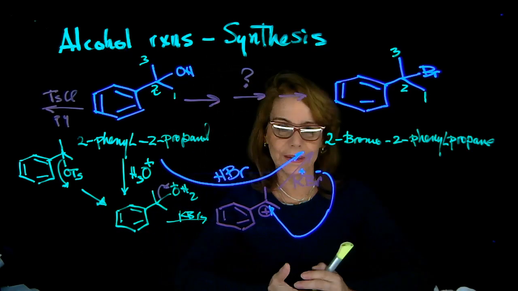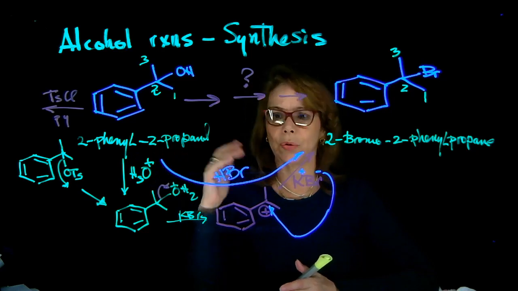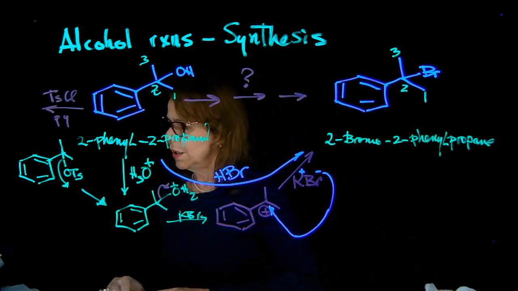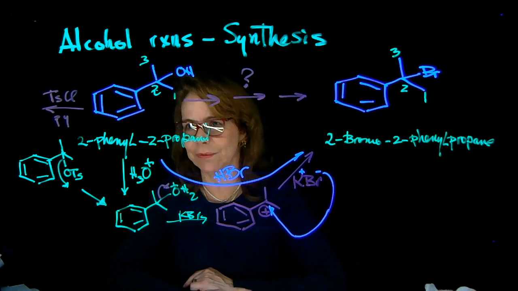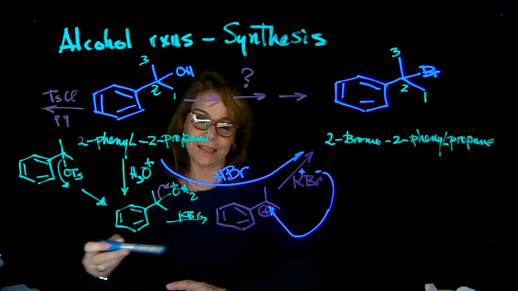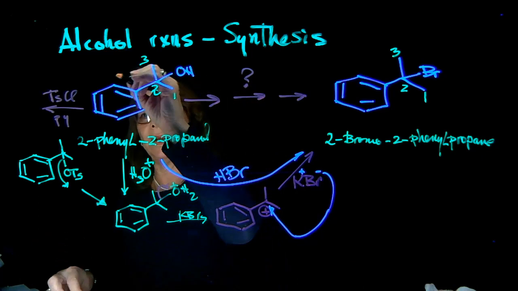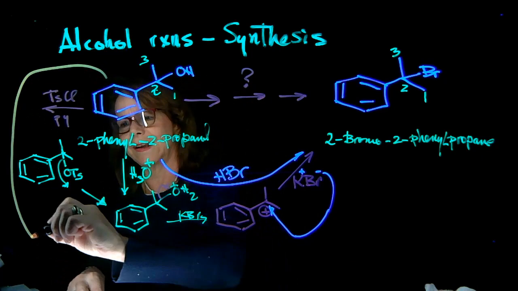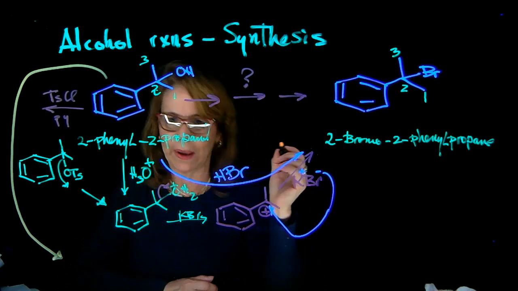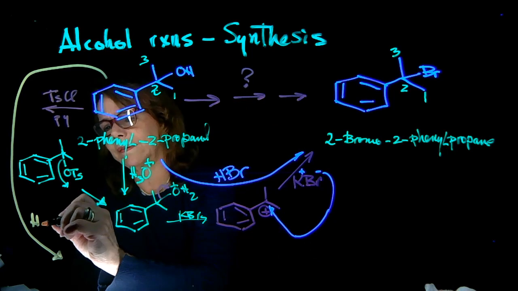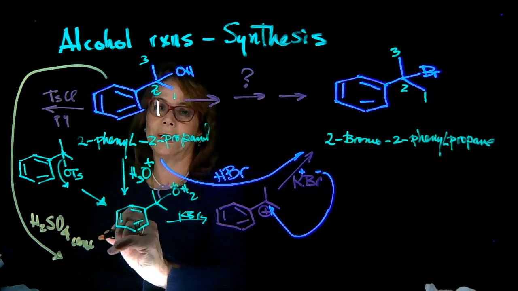So that involves changing the leaving group from OH to a better leaving group, and then a substitution reaction. Now, another way of doing that would be an elimination reaction via E1. Let me do that pathway. I'm going to draw another arrow over here, because I am considering different paths to make the same compound. So what I'm doing here now is using concentrated sulfuric acid.